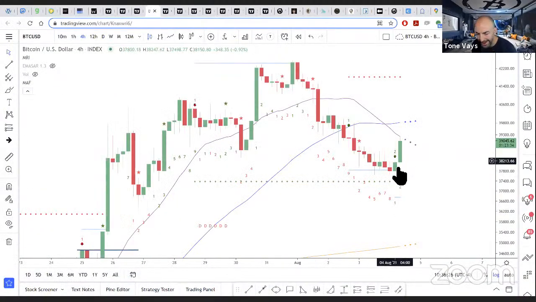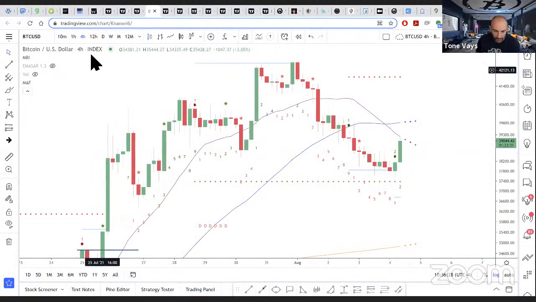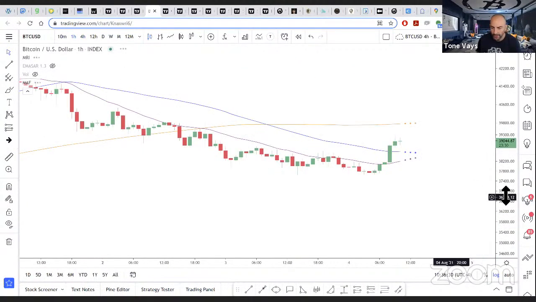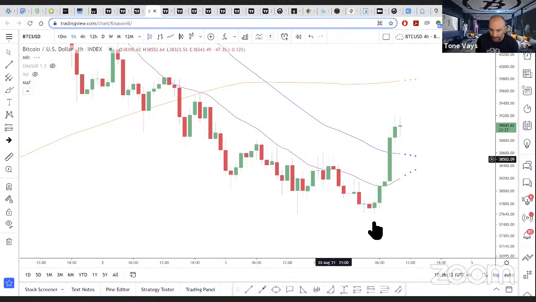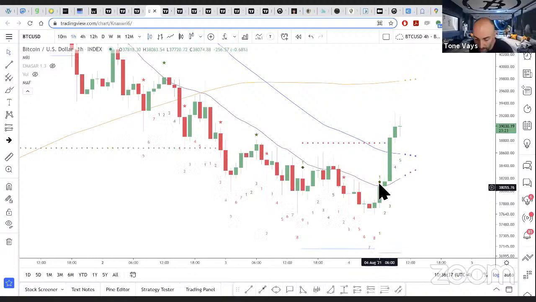Yeah, I like this bounce. I really do. I didn't even look at the 1 hour chart. Was there any indication on the 1 hour scale? Probably not. Let's see if there was an MRI buy here. There was. Beautiful. Look at that. The 1 hour MRI buy was also a great chance to time the 4 hour MRI buy. This happened at 6 a.m. New York time.